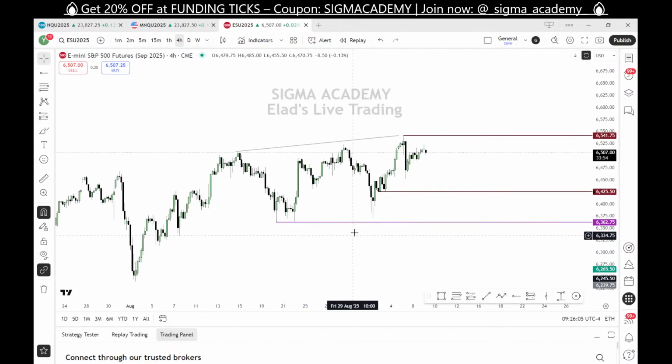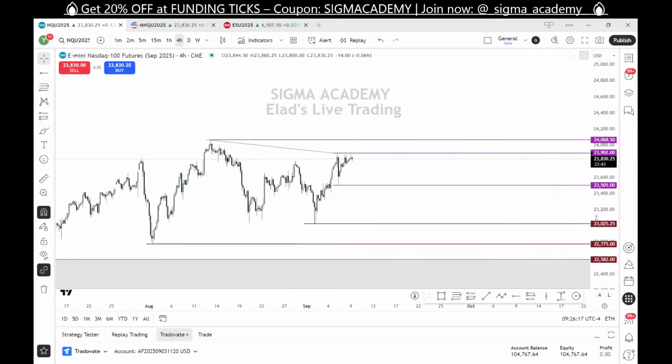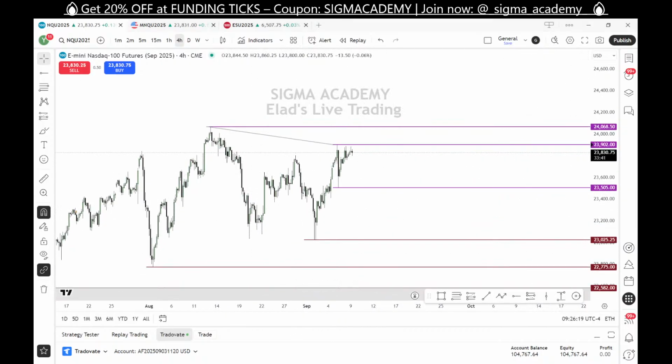Those are the big brown liquidity. This is on the ES, this is on the NQ, and this one here also on the NQ. This is where a lot of juice is happening.